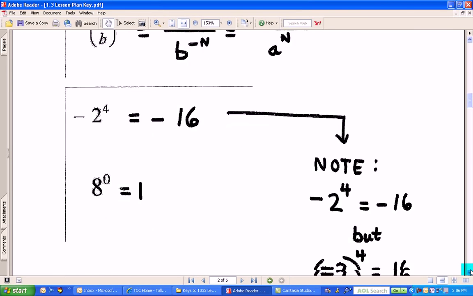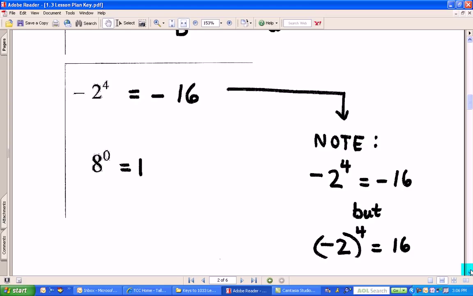Let's see what else we have down here. Alright, a couple more. This problem is a little tricky because a lot of students get this wrong by telling me the answer is 16. No, we don't want the answer to be 16. And here's the reason. This problem does not say negative 2 to the 4th power. Negative 2 would have to be in parens to be read negative 2.